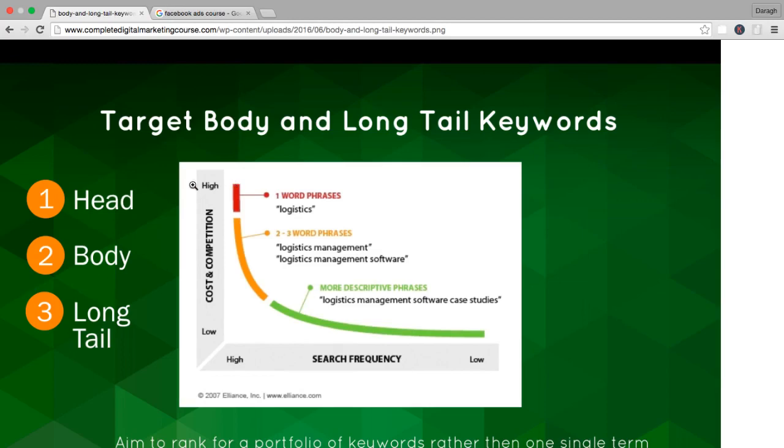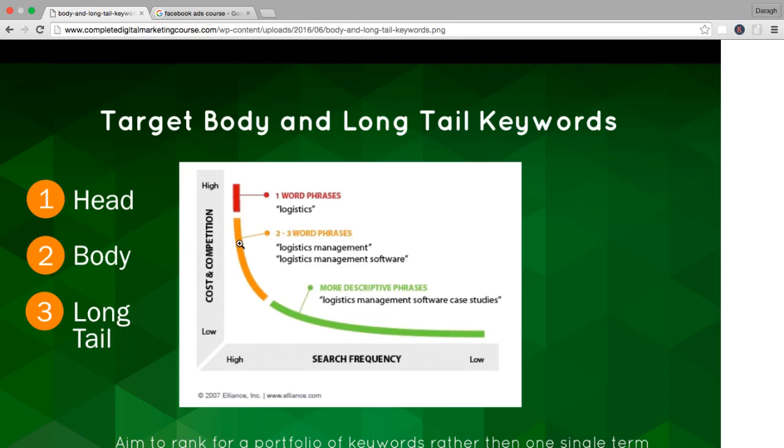Think about keywords in 3 different categories. First are the head keywords. These are one-word phrases like "logistics", and they're called head keywords because they represent the head of the graph here. Then there are body keywords. These are 2 to 3 word phrases, and you can see that these are less competitive.